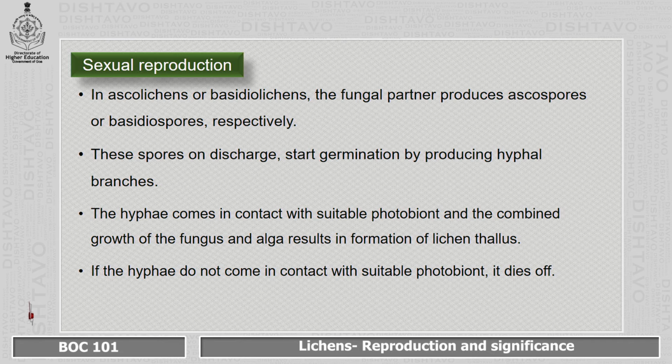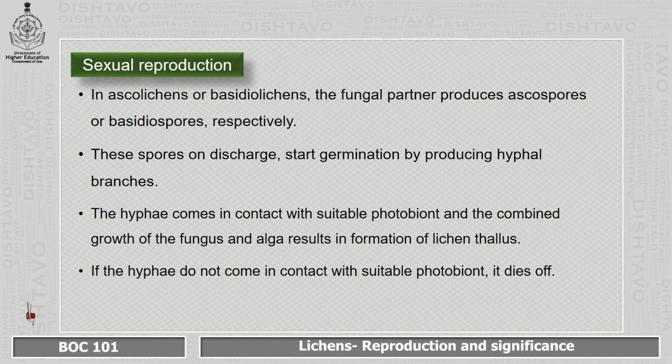Next, let us look at the sexual reproduction in lichens. In ascolichens and basidiolichens, the fungal partner produces ascospores and basidiospores respectively. These spores on discharge start germination by producing hyphal branches.